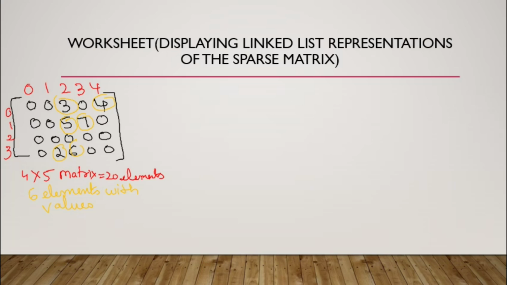Okay, now how do you do the linked list representation? Let me take a separate ink. So here, students, you will have 4 fields. This one is for row. This is a node, students, a single node, and for every node it is the same. This is column.